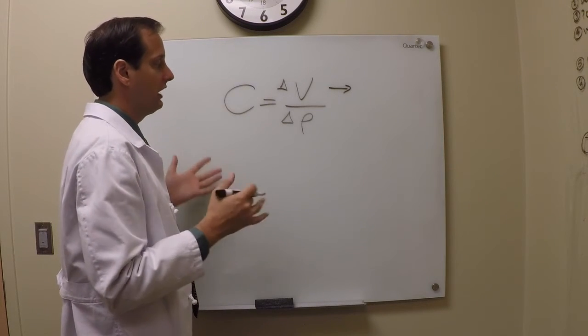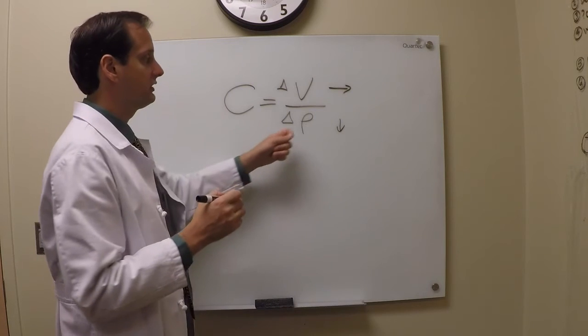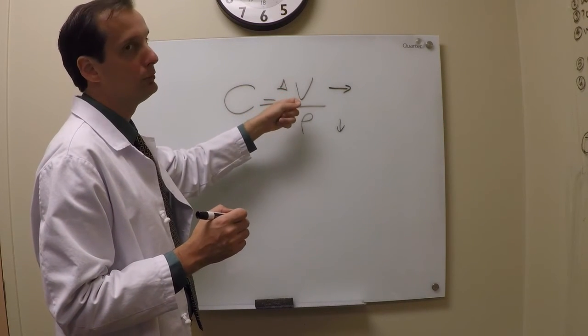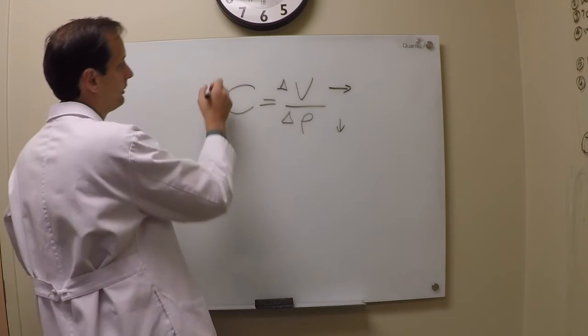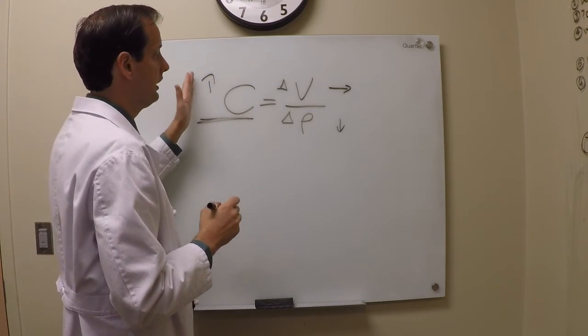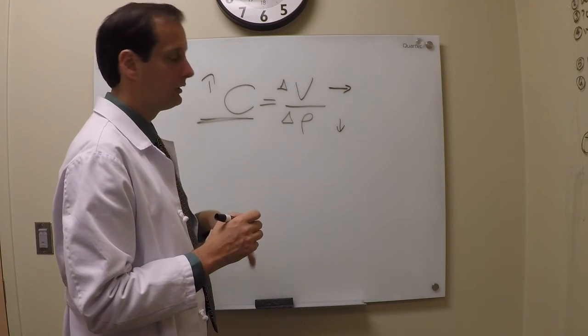So if I have nice healthy lungs, my pressure is probably going to be pretty low, in which case a smaller denominator goes into a static numerator more times, you end up with a larger quotient, you end up with greater compliance. So greater compliance is seen by low pressures associated with the volume.